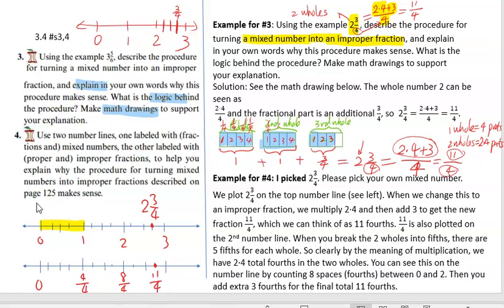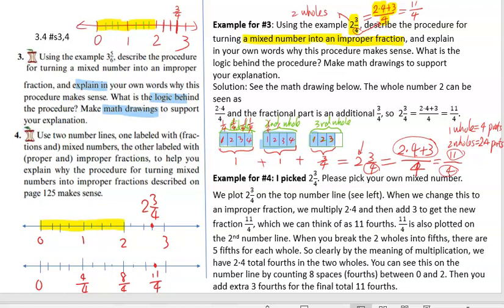And again, in order to turn that into an improper fraction, we also need to turn these two wholes into the same size parts. So we are going to divide them into 4 equal parts here, 4 equal parts here. So that's why I have those whole numbers cut into the same size parts.